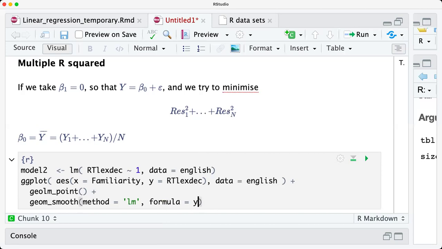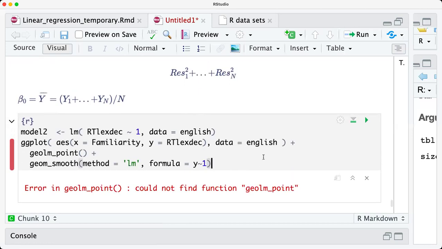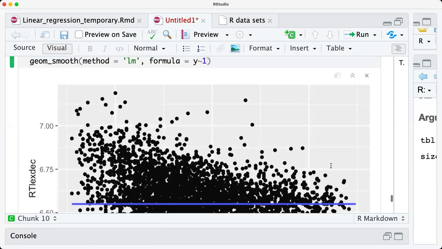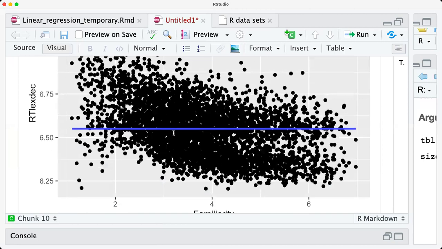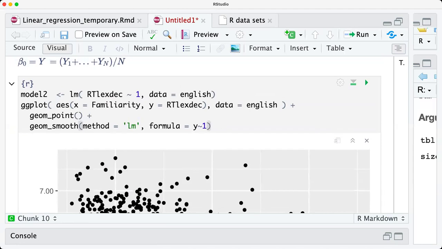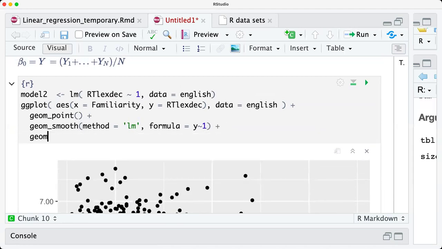For the formula, we try to predict y using a constant. So now it should be a horizontal line, the best line, centered on the mean. And by contrast, let's also plot the regression line.